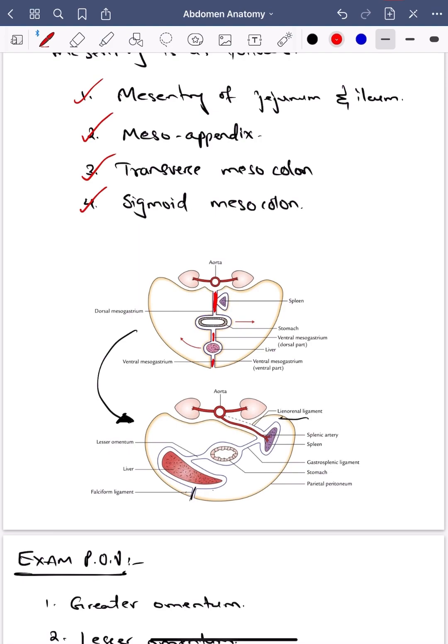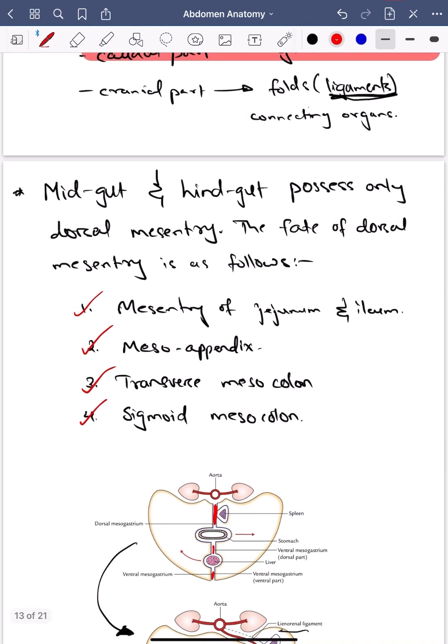As you can see, during the course of development, the dorsal part becomes the lesser omentum, and the caudal part becomes, okay, this is the cranial view, so the greater omentum is not mentioned, but the cranial part becomes, as I've told, a number of ligaments, and we see the ligament connecting the stomach and the spleen is the gastrosplenic ligament. Now connecting the liver and the abdominal wall, we have the falciform ligament. Okay, so I hope you've got an understanding of the peritoneal folds.